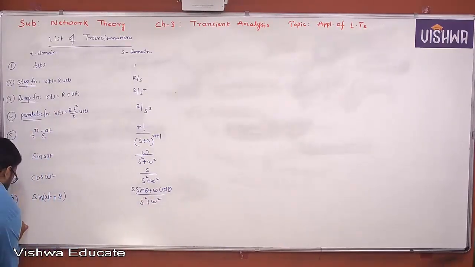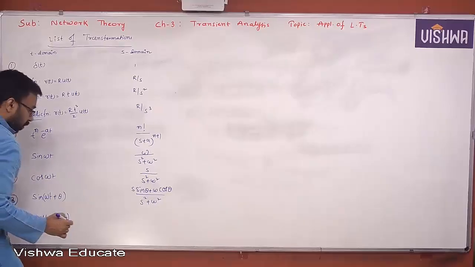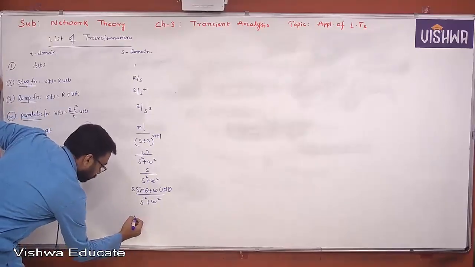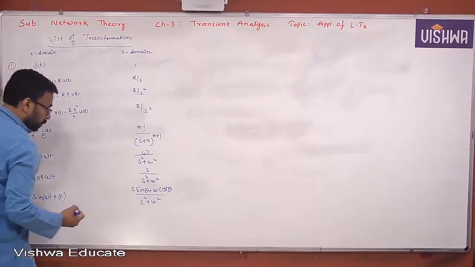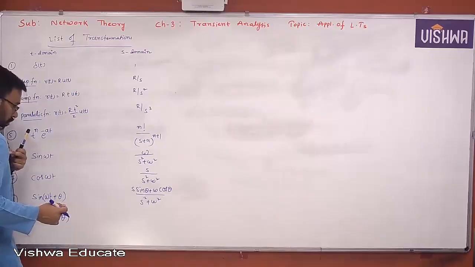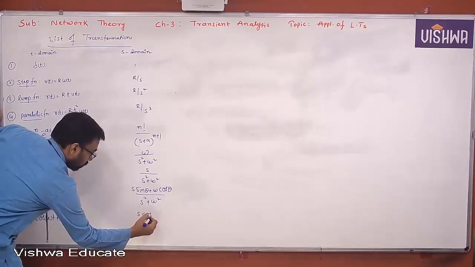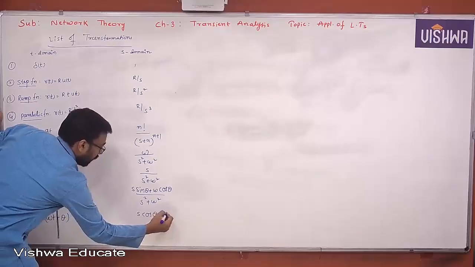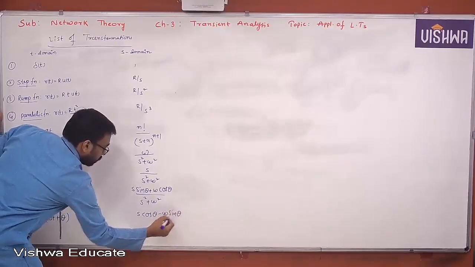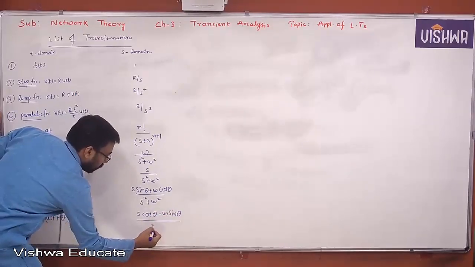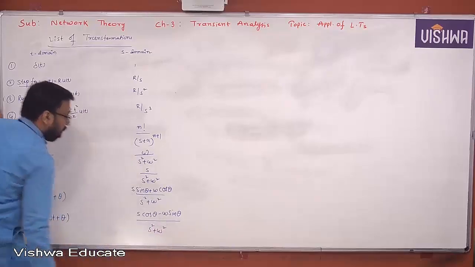Similarly, the ninth one is cos omega t plus theta, which will give you s cos theta minus omega sin theta by s square plus omega square.